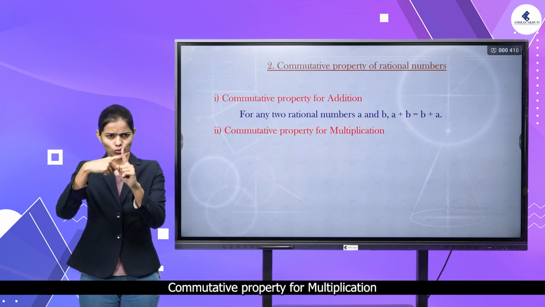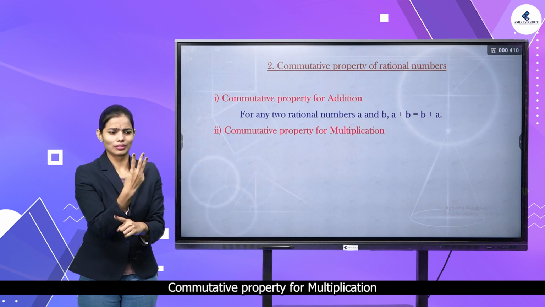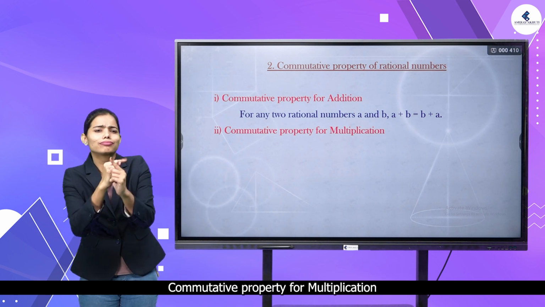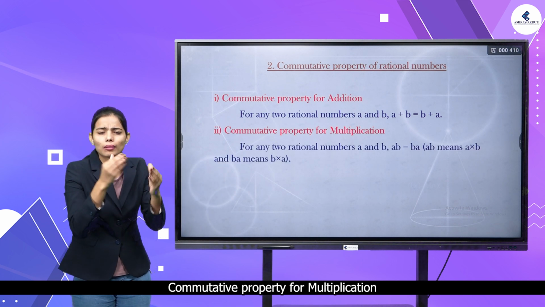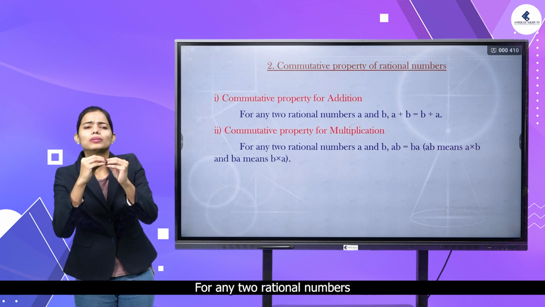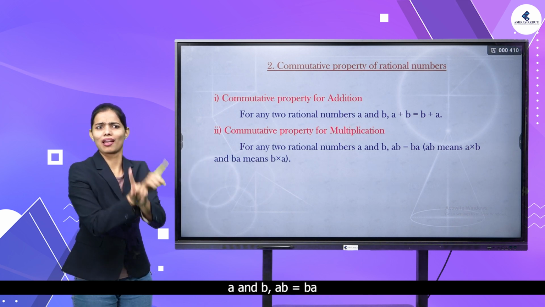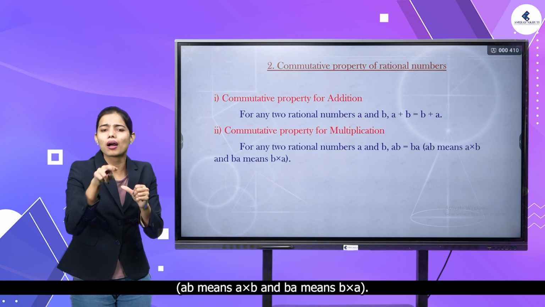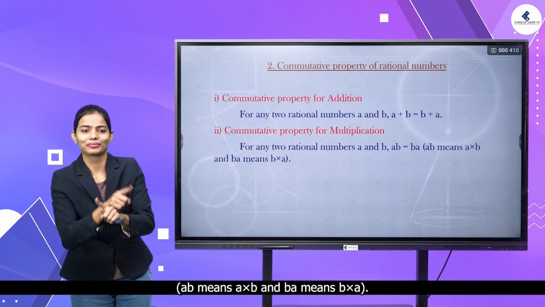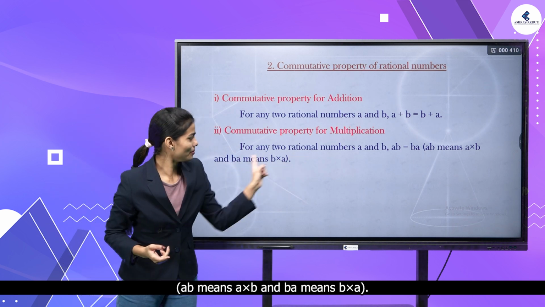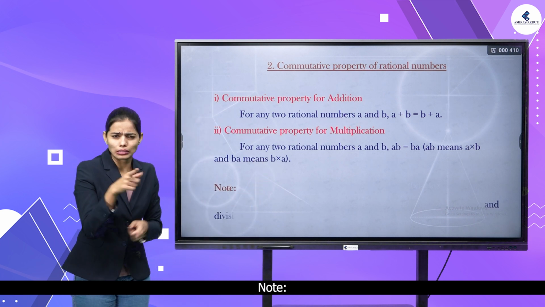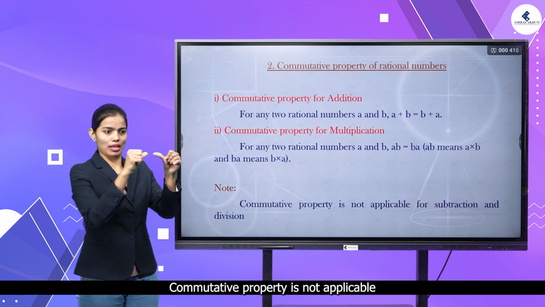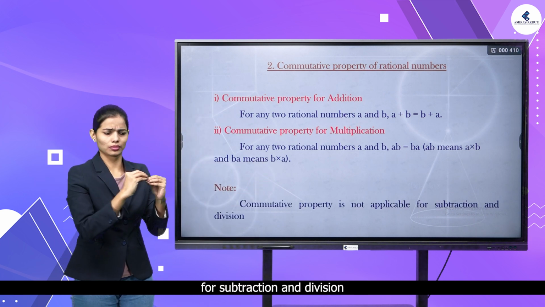Commutative property for multiplication: for any two rational numbers a and b, ab is equal to ba. ab means a into b and ba means b into a. Note: commutative property is not applicable for subtraction and division.